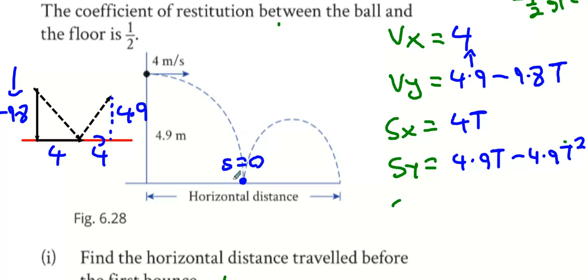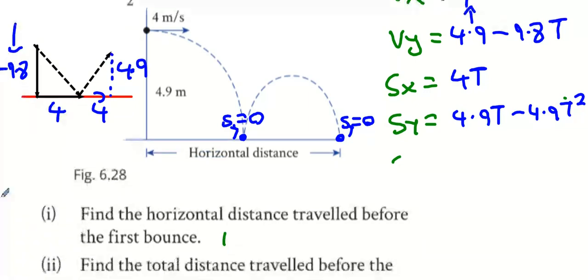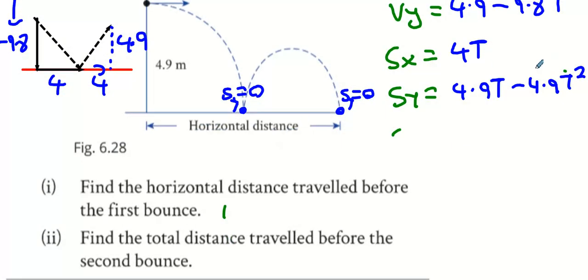Now, what happens at the end of the bounce? What's your S value at the end of the bounce? 0. Your Sy is 0 at both these points. So what can I do with the Sy equation? Put it equal to 0, yeah? Bring it over to your side. You're going to get 4.9t equals 4.9 t squared.